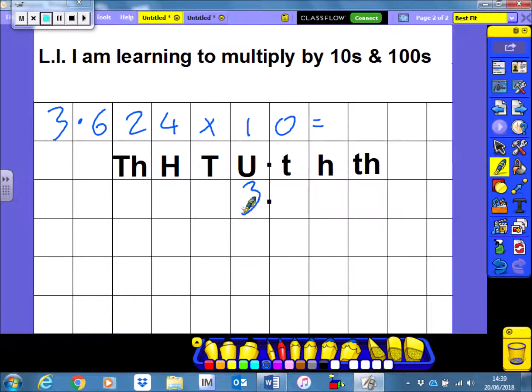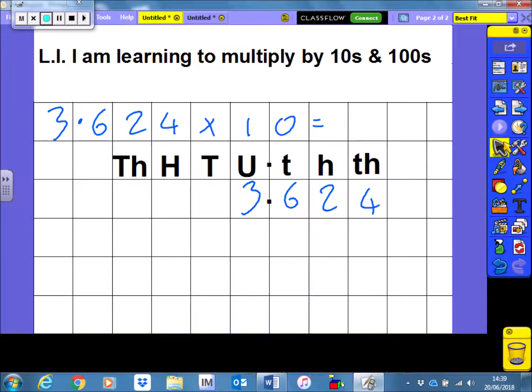So here I have 3.624 times 10. Now every one of these numbers is going to have to move up one place. So the 3 is going to become a 30. The 0.6 is going to become a 6.